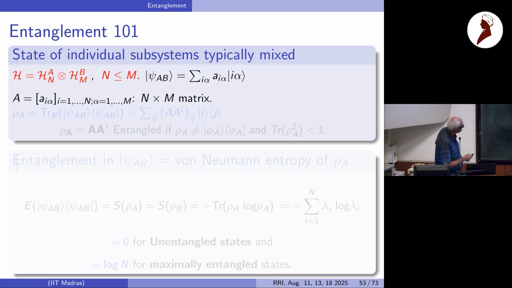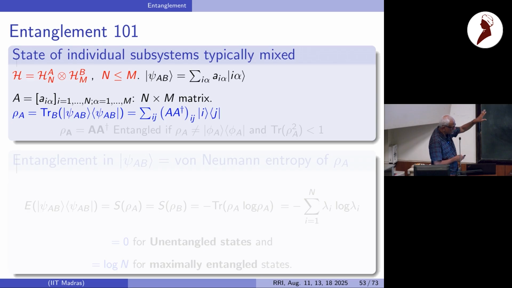And then how do you define the state of a particle A? You trace out from this total density matrix, psi AB, psi AB, you trace out particle B. And you call this the density matrix corresponding to the state of A. So if you have access only to A, only rho A gives you all the information.